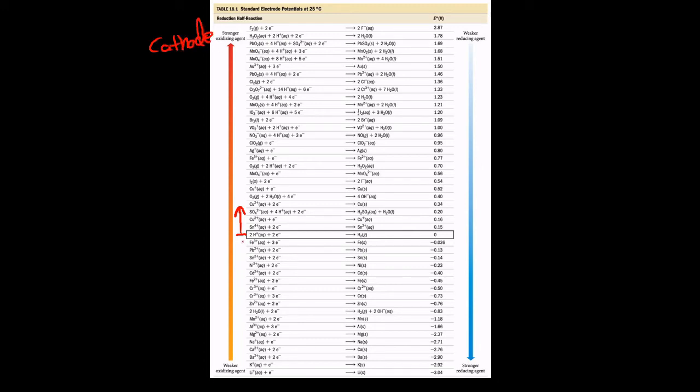And then everything lower is a weaker oxidizing agent, which means the stronger reducing agent, which means that it is most likely to be oxidized. Because again, weird nomenclature, the reducing agent is the thing that is oxidized. So therefore, we are more likely to find things down here that want to be the anode. Does not necessarily mean they have to be the anode, but the stuff down on this end of the table would more like to be the anode than the stuff up at the top.